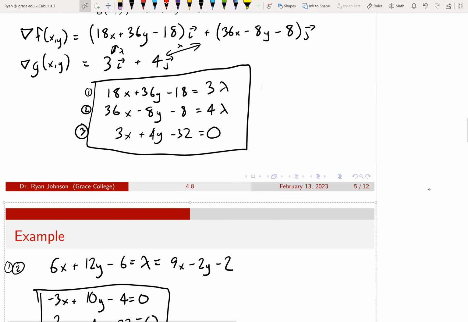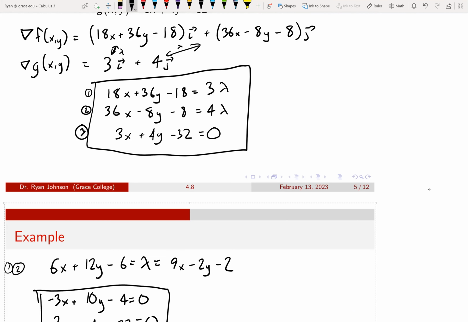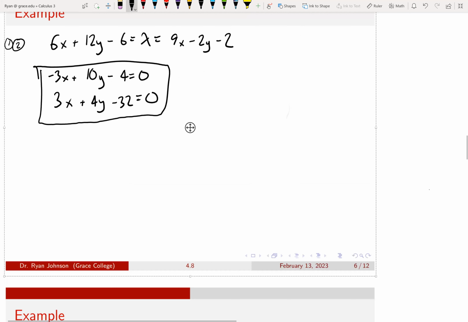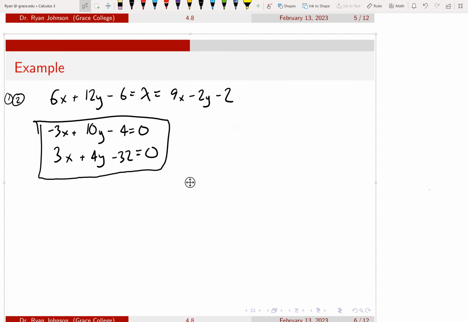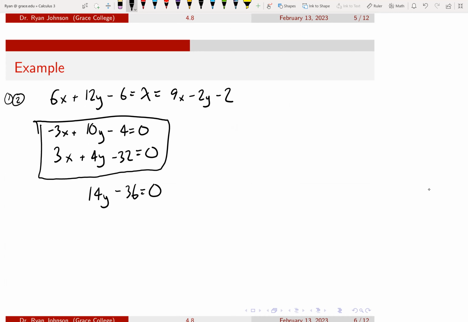I only care that it's the same from equation 1 to equation 2. So leaving it behind is a good technique. Now if I add these two equations together, the 3x and the negative 3x will cancel out. Now I'll be left with 14y minus 36 equals 0.